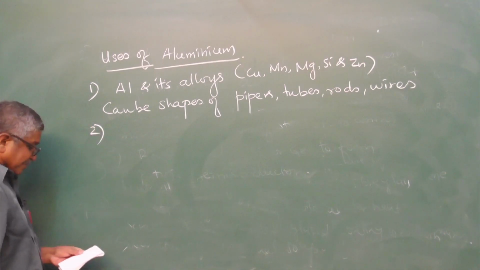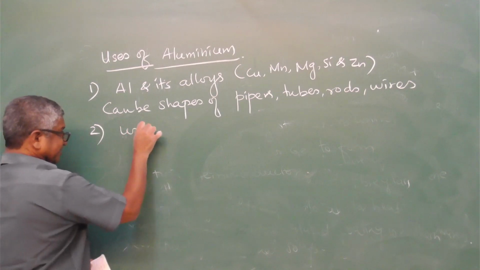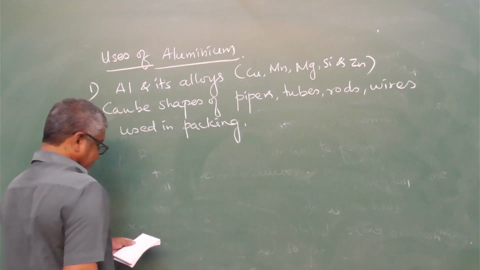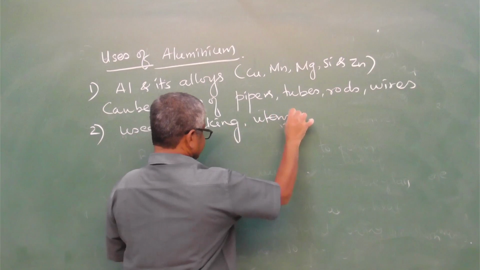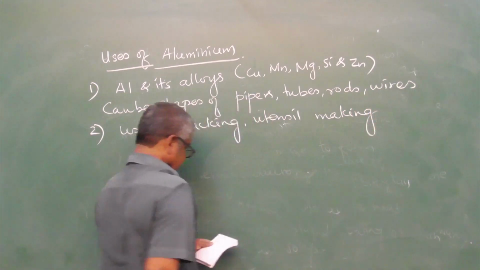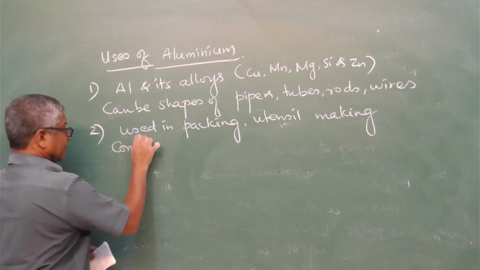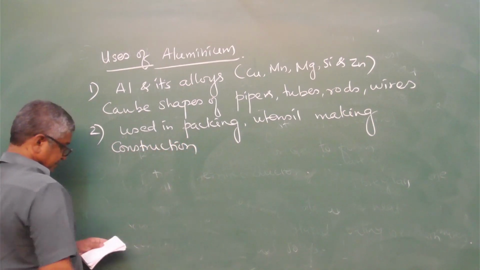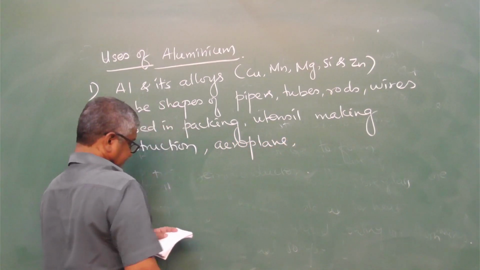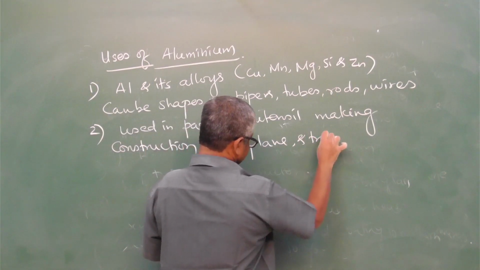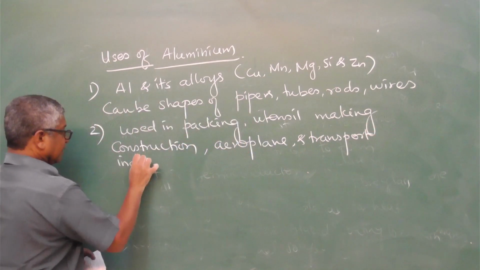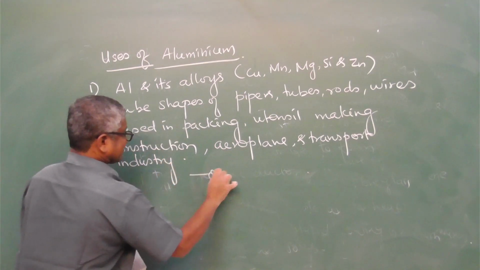The second use of aluminium: used in packing, utensil making, construction, aeroplane and the transport industry.